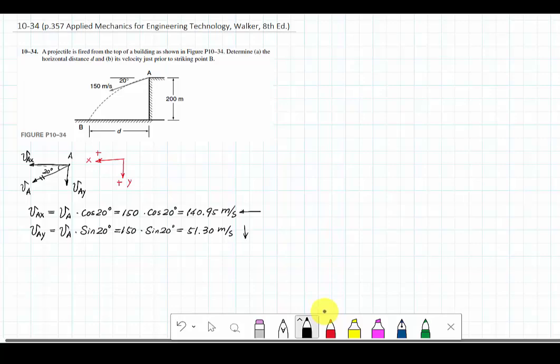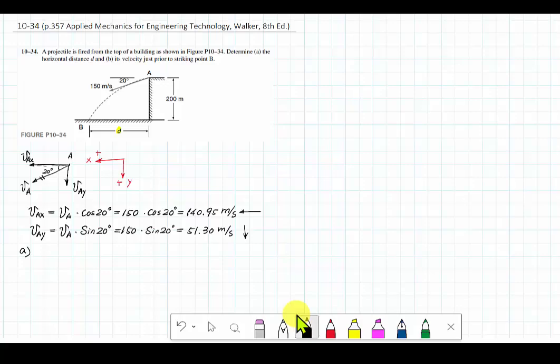Okay, so once we get that, let's have a look at part A of the question here. Part A, they're asking for the horizontal distance D over here. To solve that, we know that the initial velocity VAX is already solved, and what we need is the travel time.